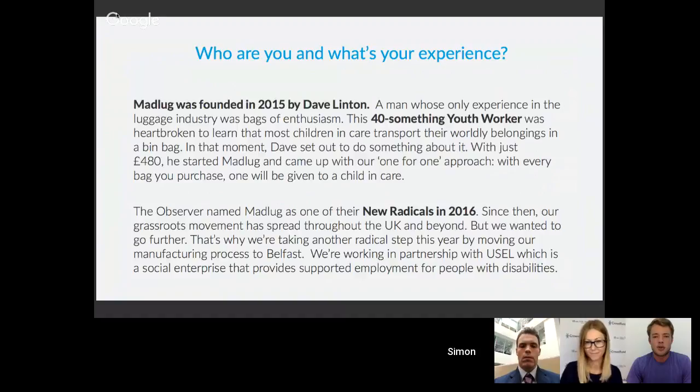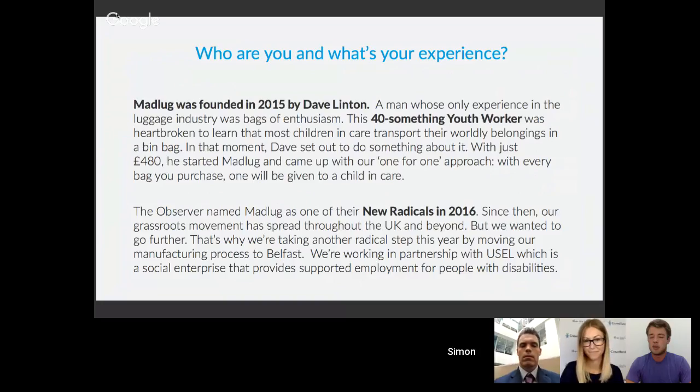So if you're looking at a project page, having an image of that person and a bit about them says, okay, this is the right person for the job. And that's when you can tell a bit about your background and how you got involved, and that way it can make the project much more relatable and build a bit of credibility. And this is what he's done really well.